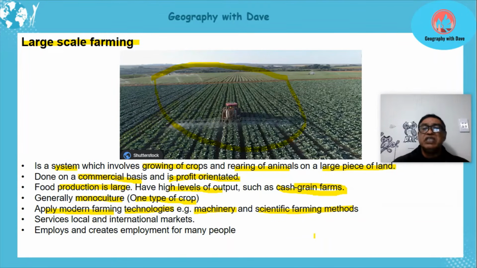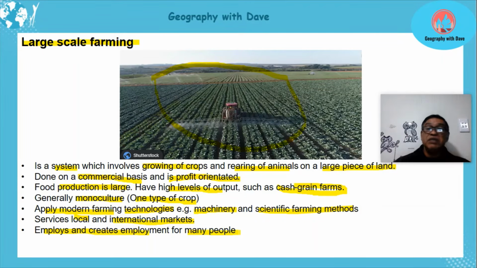They will use scientific methods to reduce all that because they want the maximum output so that they can make the most money. Okay, it services local and international markets. When I mean local, it services the country, or the province, and in many cases, it exports the stuff to other countries. It wants a big market, and it creates employment for many people. Lots of people are employed here.